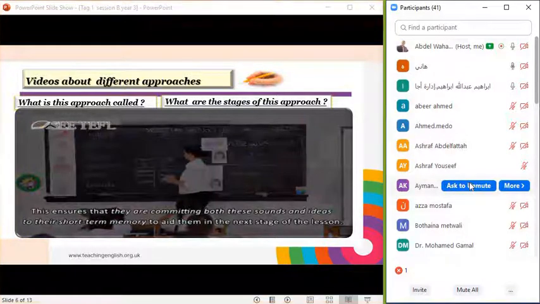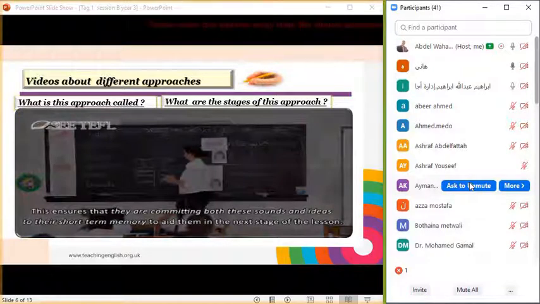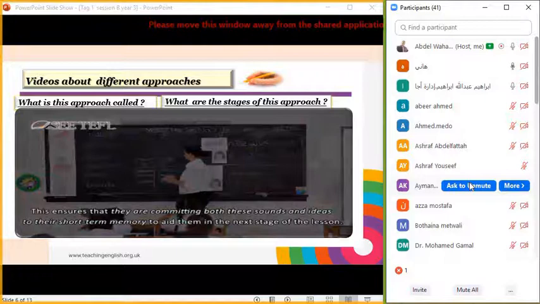Okay, the stages she used. First, she introduced the words, the new vocab, and then she started to make examples for students to follow. But she failed to make open or closed dialogue.